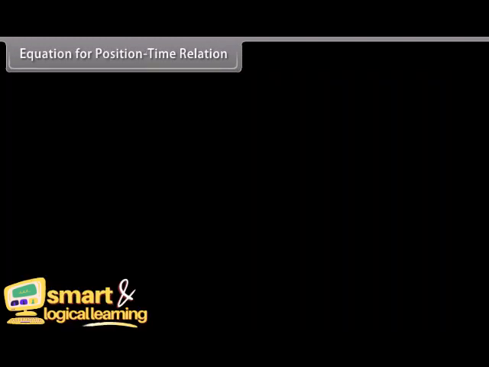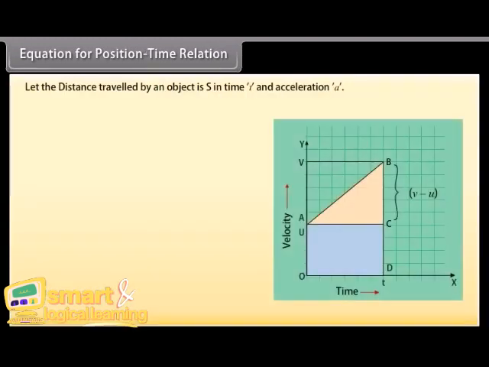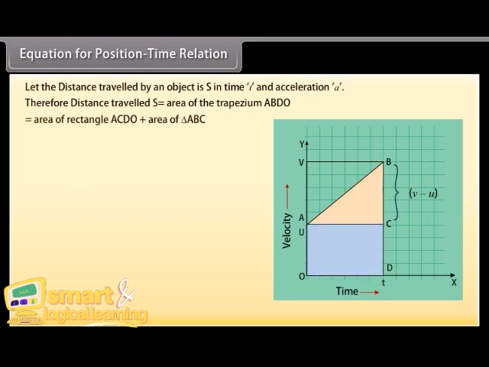Equation for position-time relation. Let the distance traveled by an object be s in time t with acceleration a. We can see that the distance traveled by the object is obtained by the area enclosed within the graph. Therefore, distance traveled s is equal to the area of trapezium ABDO, which equals the area of rectangle ACDO plus the area of triangle ABC, which is OD into OA plus 1 upon 2 BC into AC.